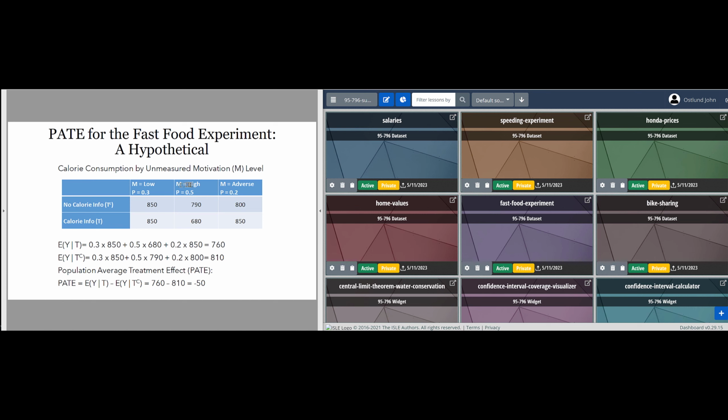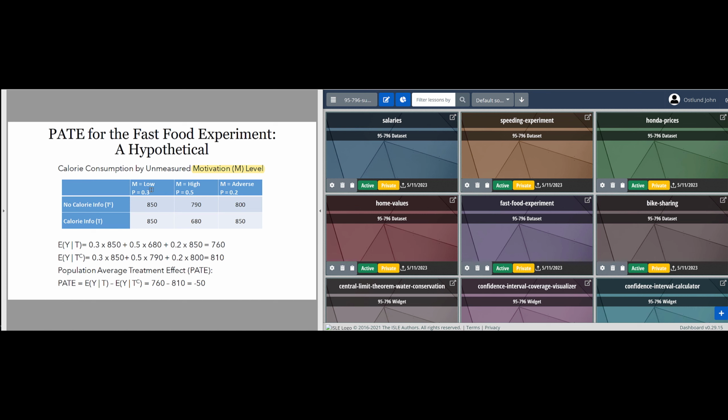this is going to depend on something that we didn't bother to mention in the actual experiments called the motivation level. And let me describe what this means. People in the low motivation group are not inclined to pay any attention one way or the other to our calorie information.